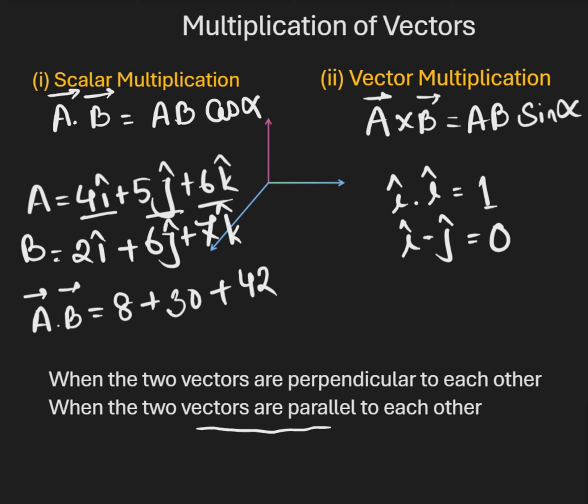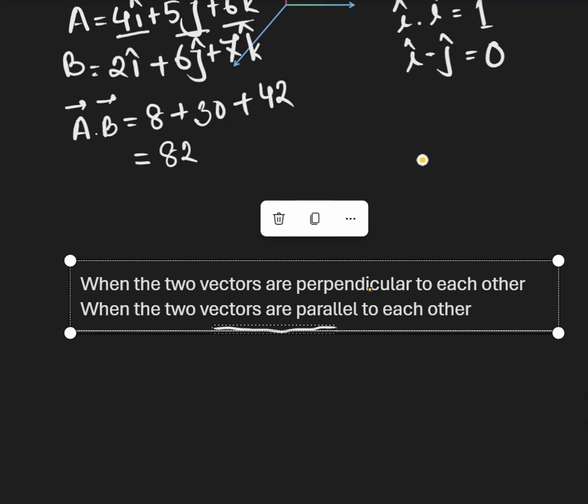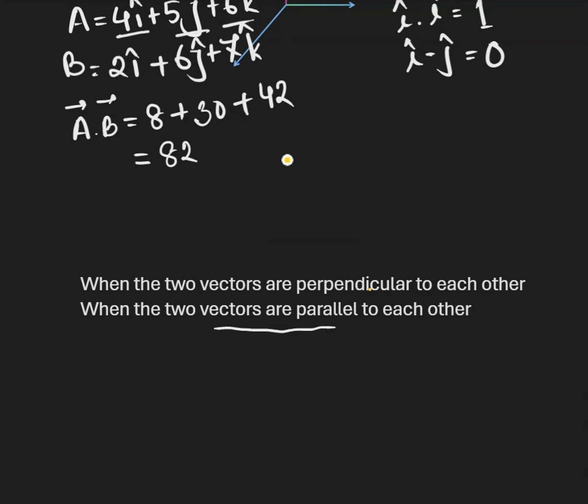And of course, k dot k equals 1, j dot j equals 1, i dot i equals 1. And the rest of the things, it means i dot j, i dot k, will be 0. That's why I'm not writing them here. So we'll have a certain value here, right? The value is 82.